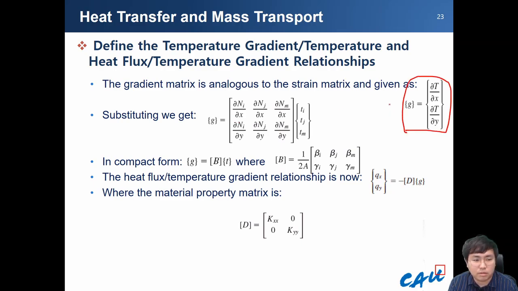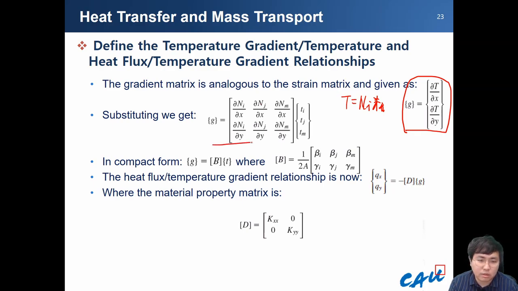But how can you derive it? We have three shape functions, exactly N_i T_i, so we have a three component summation. Each shape function is differentiated by x, and the second terms are differentiated by y.